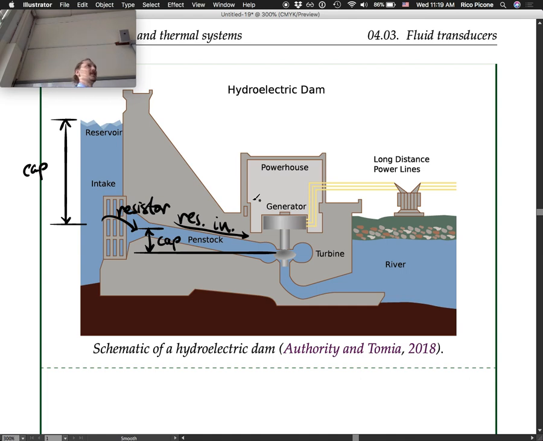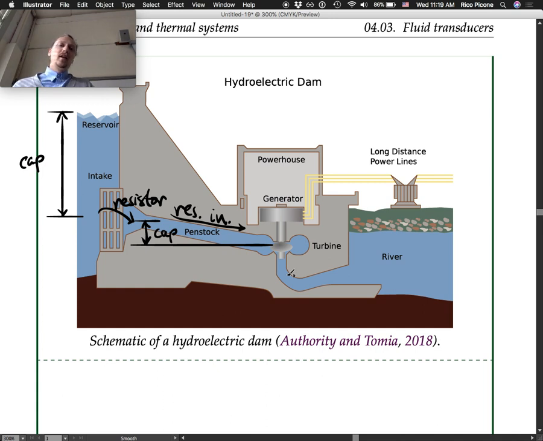So resistance, and then the inertance arises from having it be long and thin. And then it's going to go through this turbine, which is going to be the transducing element, right? So it's going to generate some mechanical rotational energy here.